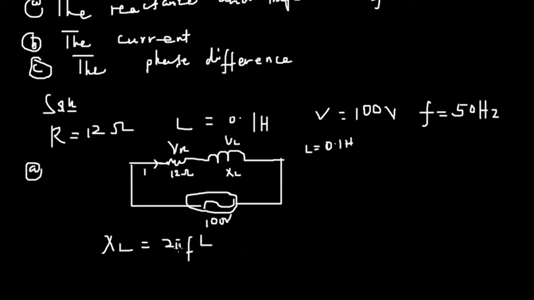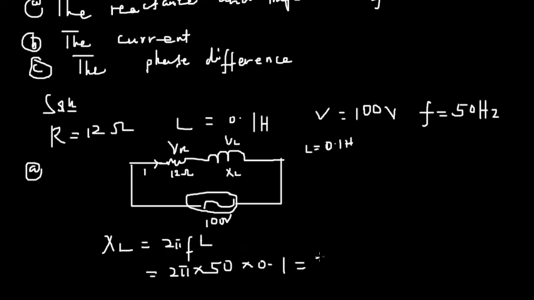We already know our inductance, so we have 2 pi times the frequency of 50, times 0.1.